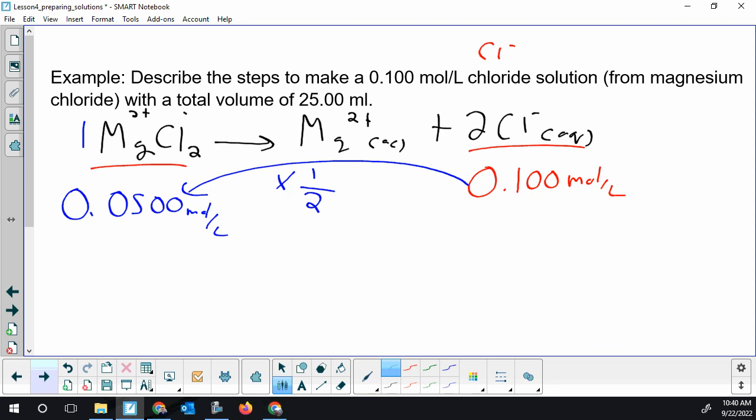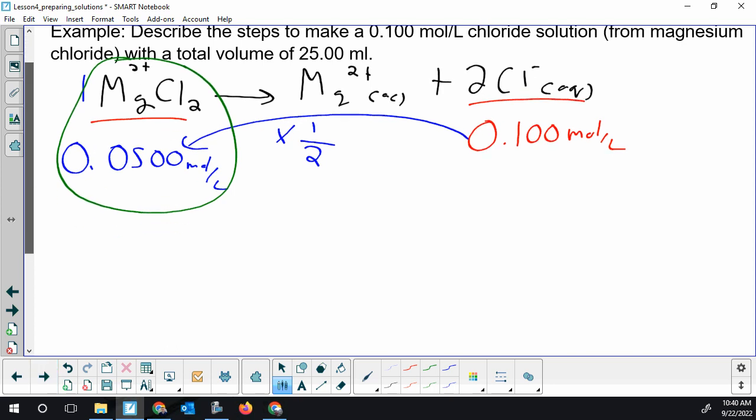Now this is just like the previous questions. Okay. We know our concentration of our solute. Step 1, get the moles, C times V, and we're doing this for the solute we can weigh out.